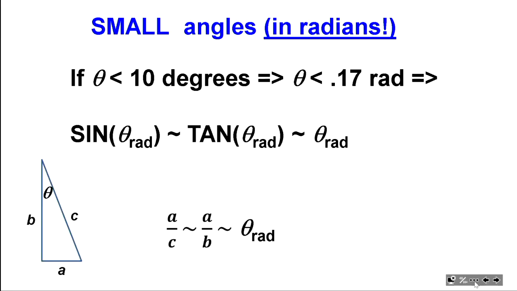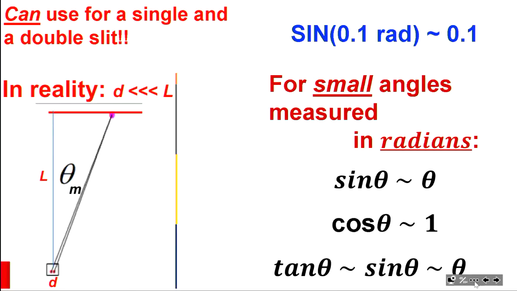We can just scratch off those symbols, sine, tangent, and use just the angle. And that helps for solving problems, because when we have to combine sine and tangent, that's a complicated situation.